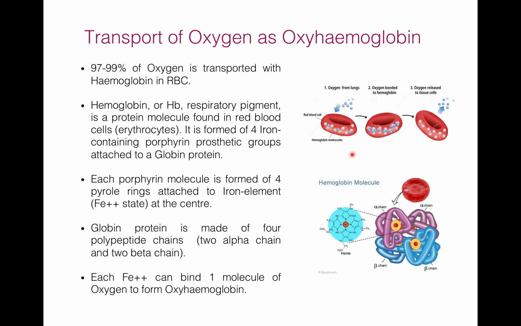Here you can see this is RBC, here hemoglobin, oxygen from lung is bonded to hemoglobin, and then when it comes to the tissue cell, oxygen is released to the tissue cell.